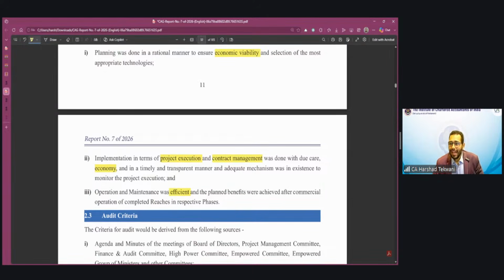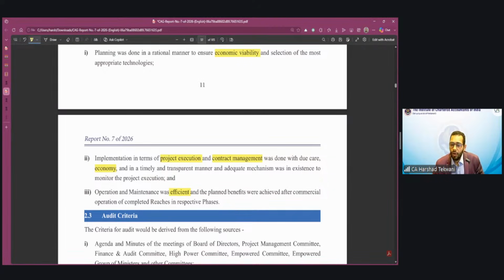Then comes the second aspect, efficiency, that I get the most out of the available resources. First is minimizing the cost of resources, economy. Second is getting the most from it, that's efficiency. And third is effectiveness, meeting the objective, achieving the intended result for that particular project.